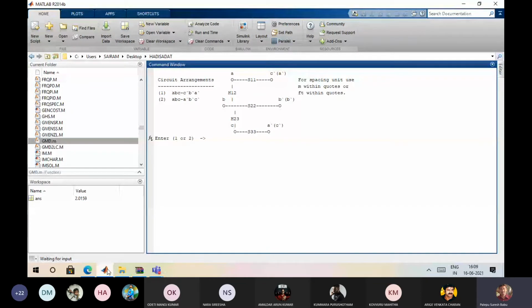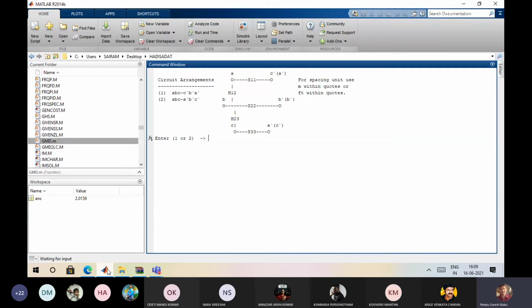Similarly, the circuit arrangement is shown in the window: A, B, C, A dash, B dash, and so on. So you can observe the distances between A to C, A to C dash, and the right side.